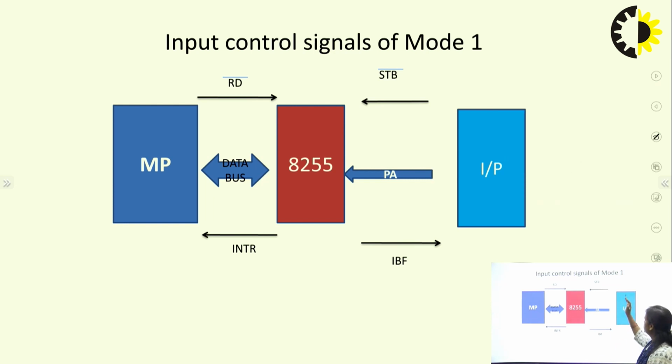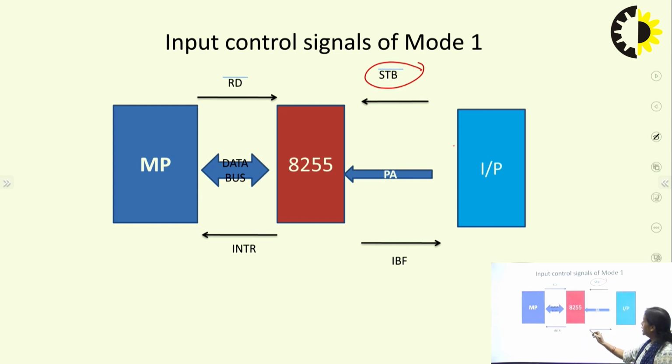So, here we can see that we have an input output device. If this input device wants to send some data to the microprocessor, here we know that 8255 is working as an interface between this input device and the microprocessor. So, first this input device will generate the strobe signal. It means that it is telling that it has some data and that data is available at the port of 8255.